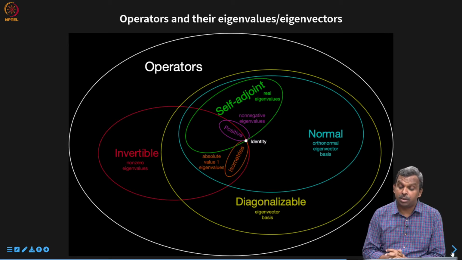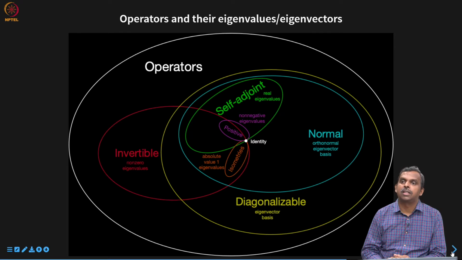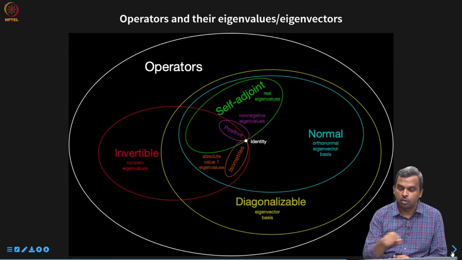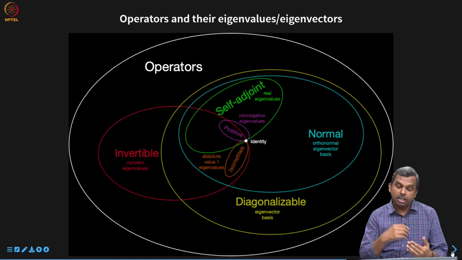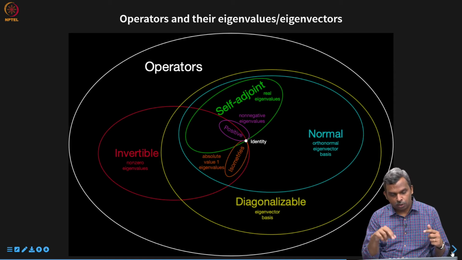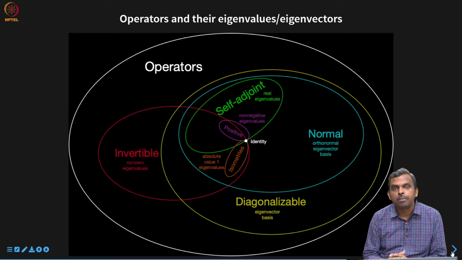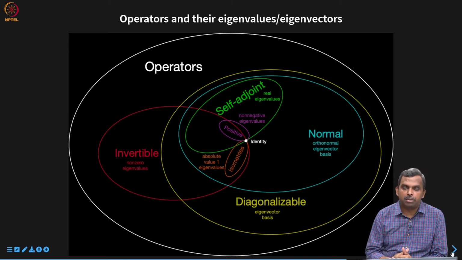Normal operators are very interesting because they are not just diagonalizable, they are diagonalizable with respect to an orthonormal basis. So normal becomes a subset of the diagonalizable, but normal may be invertible, may not be invertible. So it will also intersect with invertible, and both are possible for normal.